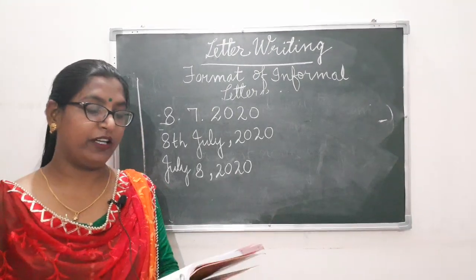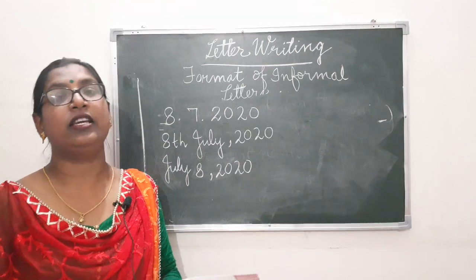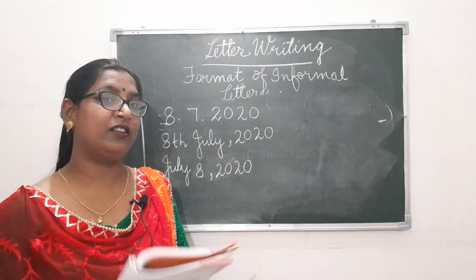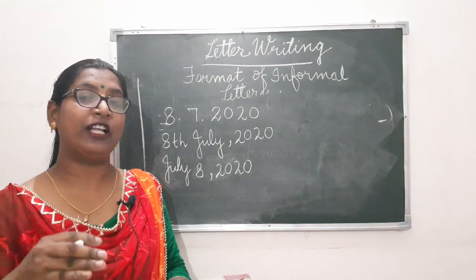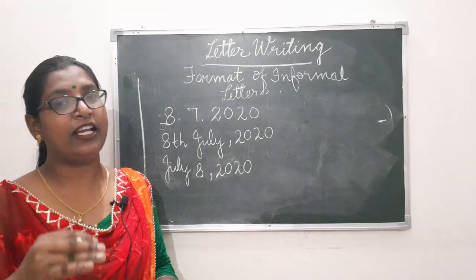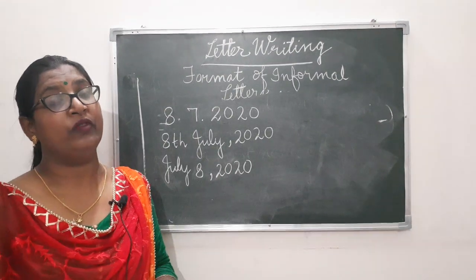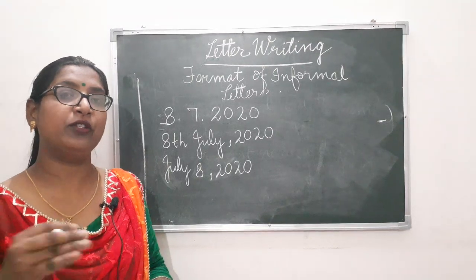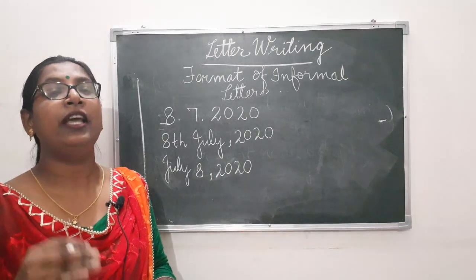Another important point is addressing the envelope. Dear children, when we post our letter, before that we put the letter in the envelope, and on the envelope we mention the receiver's address, the one who is going to receive the letter. That person's address we mention on the envelope.